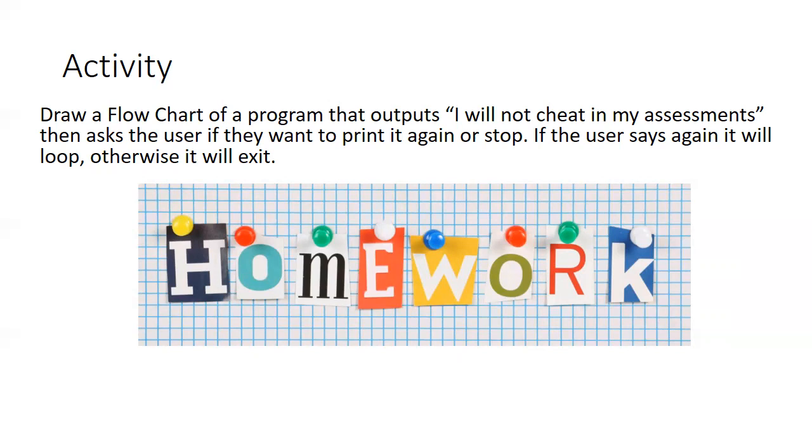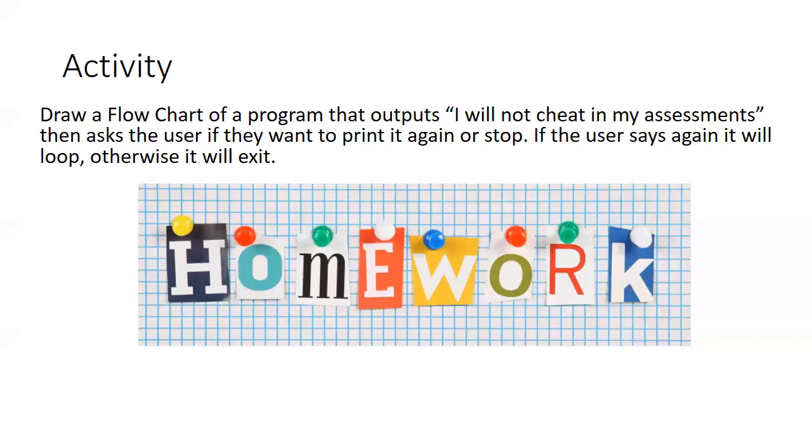Oh my goodness, I'm sorry. The get is an input. It's not a decision. Please ignore the shape there. This is a get statement. So that should be another one of those. This is an output. This is an input. Then we do our decision. Sorry. So our decision is going to be, is it again?